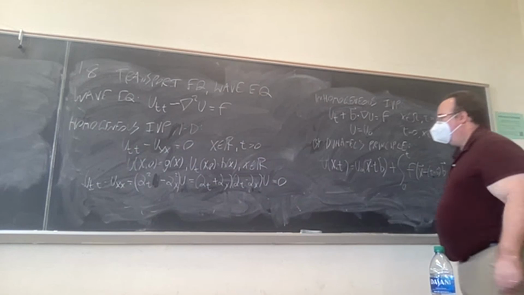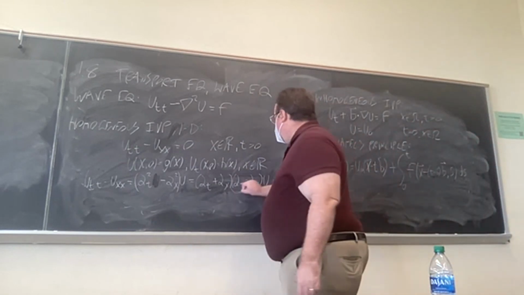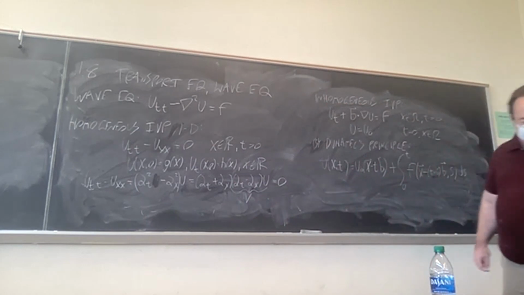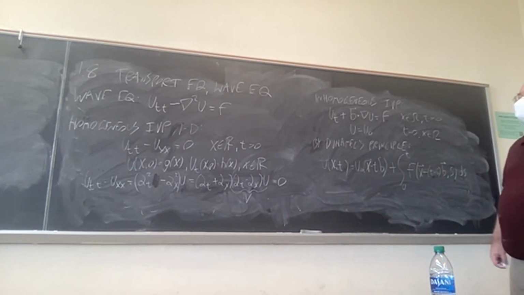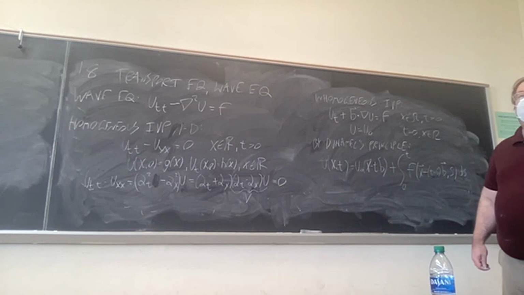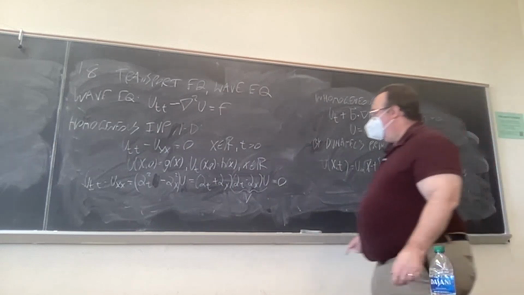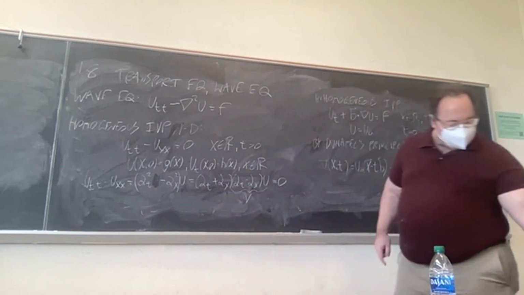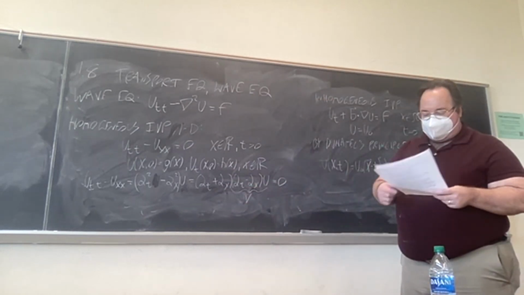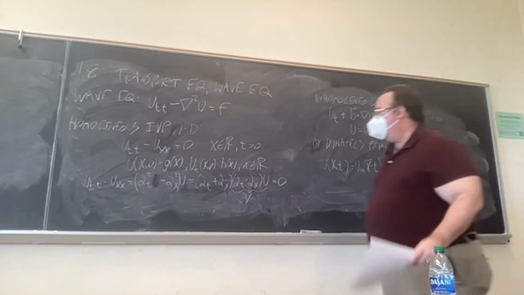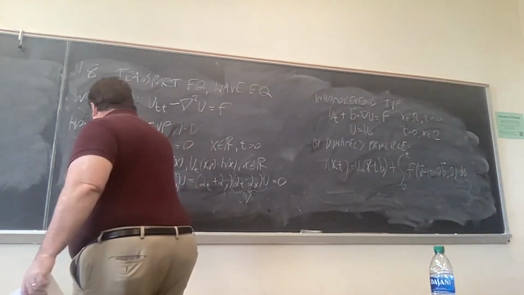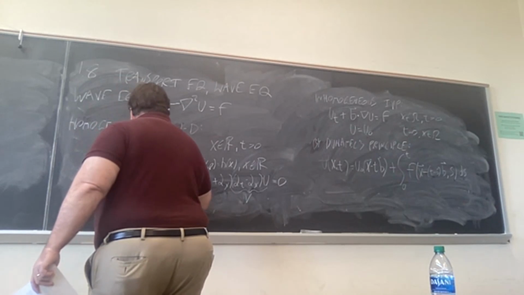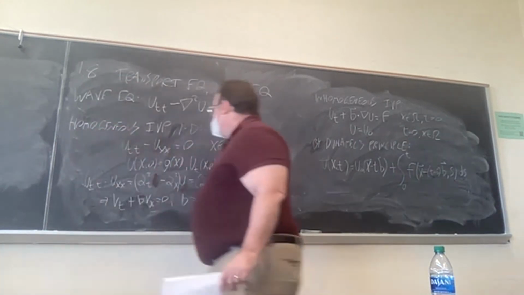So now what I'm going to do is take this and call it v. So now I'm back to a transport equation for v. So v is the solution of a transport equation here with b equal to 1. v_t plus b v_x equals 0, b is equal to 1.